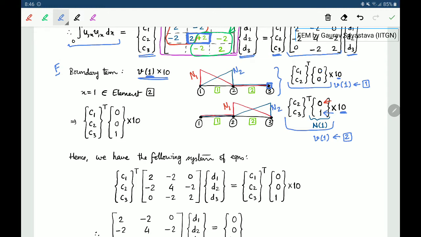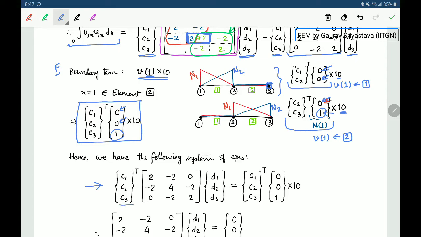So when we combine these, we get this, where this is 0 because in the first element n1 is 0, this is 0 because this is 0, plus this is 0, and this is 1 because this is 1. So this becomes the F vector, and now we can combine it and write it in the weak form.